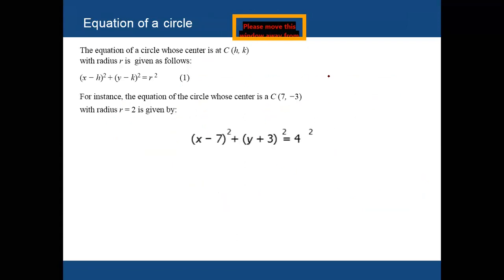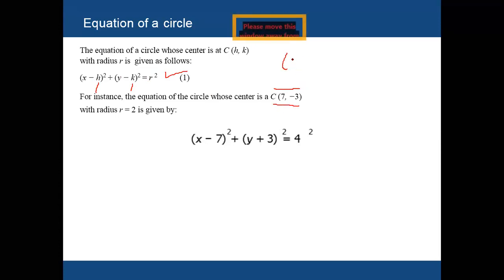Now for example, we are given central point 7 and minus 3. This one is the standard equation of a circle with h and k as the central point. When the central point is 7 and minus 3, how can we write the equation?